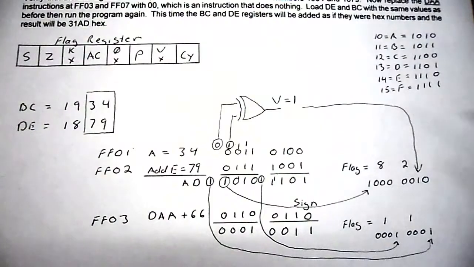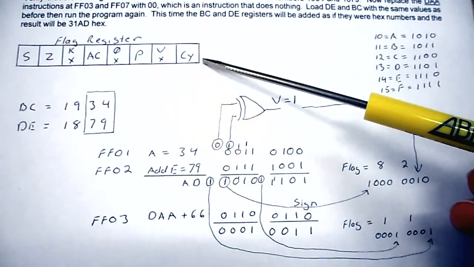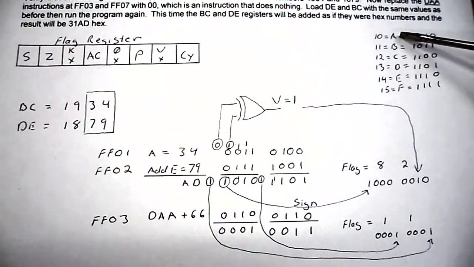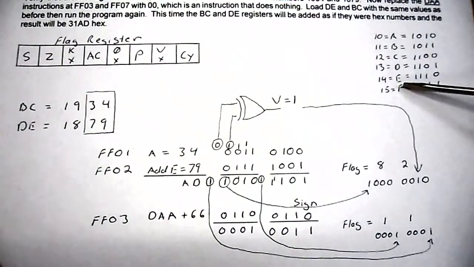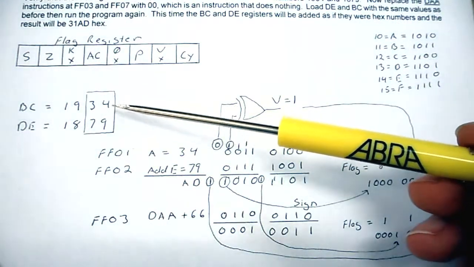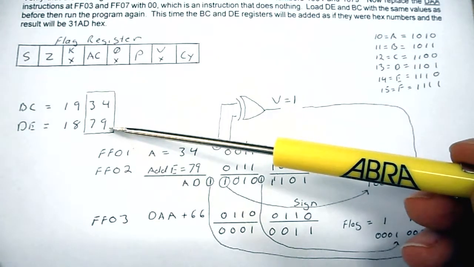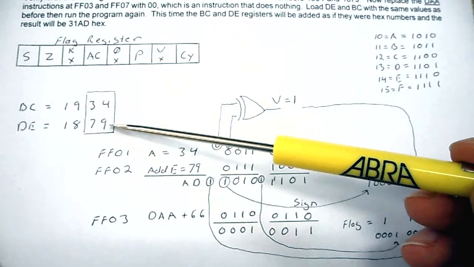So when you're working with microprocessors, you do have to understand what's going on internally. So I've redrawn the flag register just as a memory aid, and also the hex numbers above 9. Sometimes we have trouble remembering them, so it doesn't hurt to write them on the side of your page. Now BC is loaded with 1934 and DE is loaded with 1879.